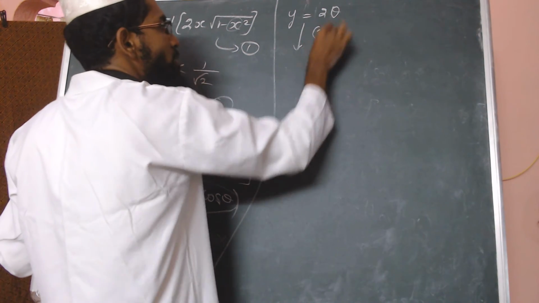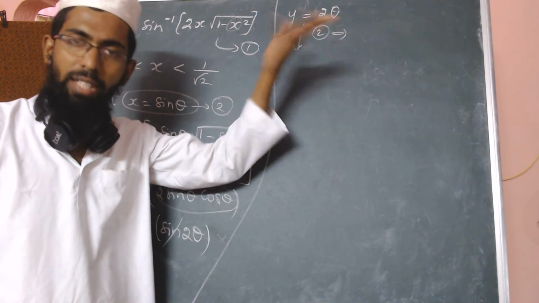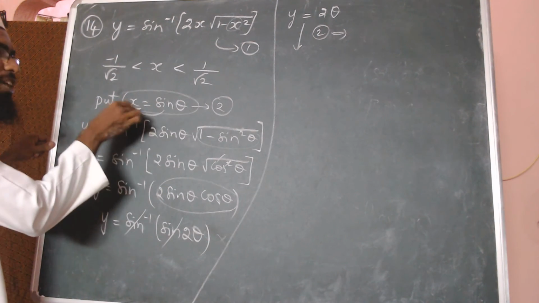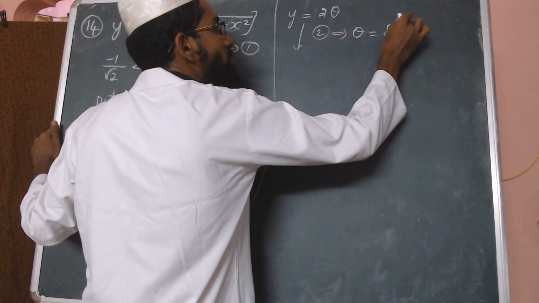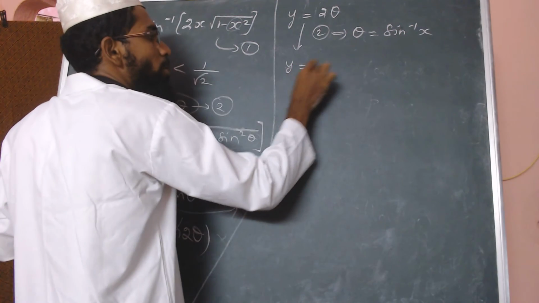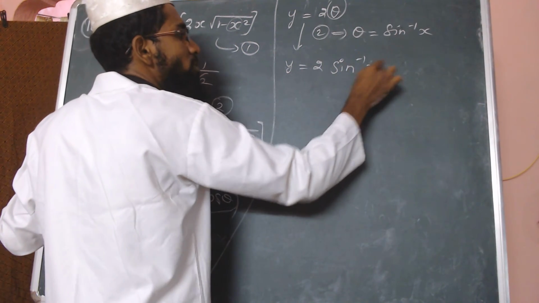Now I know that if I differentiate this, I'll get dy by d theta, not dy by dx. But they're asking you dy by dx. So if x equal to sine theta, theta equal to sine inverse of x, right? So if I substitute here, I'll get y equal to 2 into, in the place of theta, sine inverse of x.